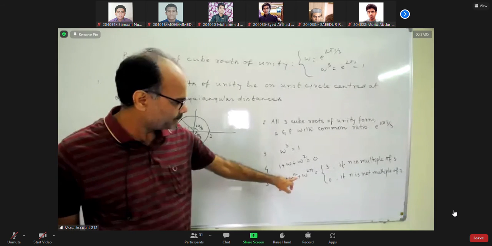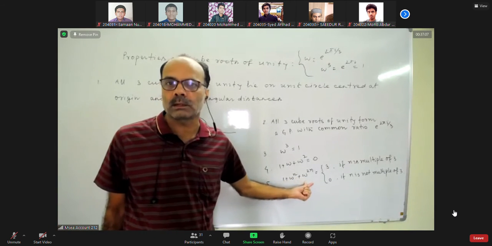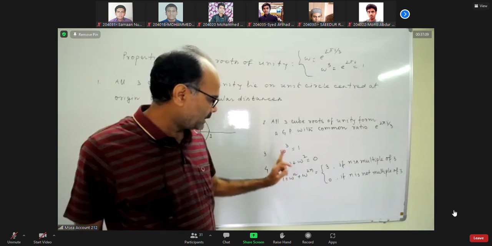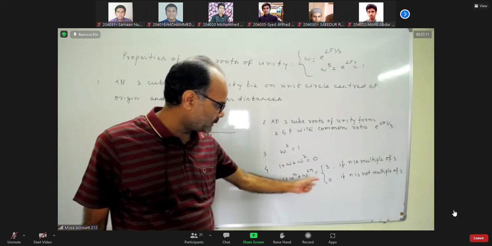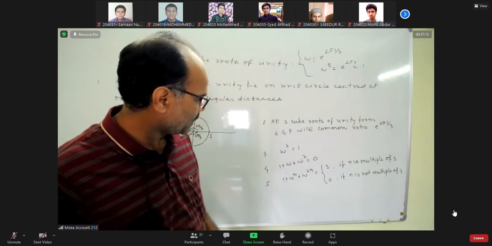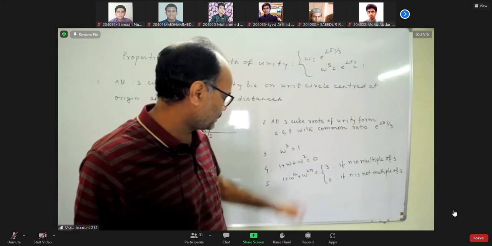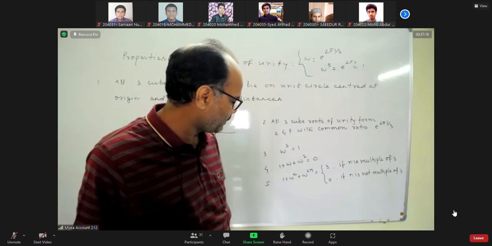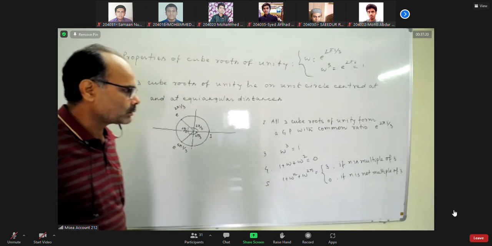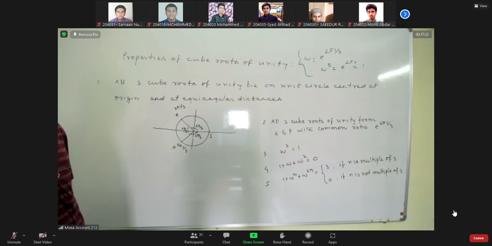If you put n as 3, obviously this is 1, this is 1, the sum is 3. If you take n as 2, 4, anything else, you will get 0. So these are the properties of cube roots of unity.